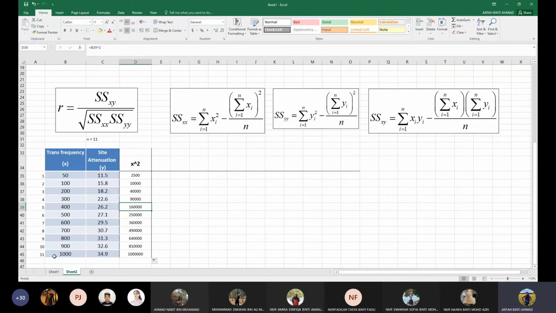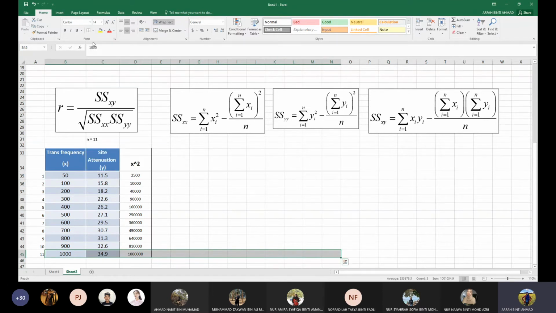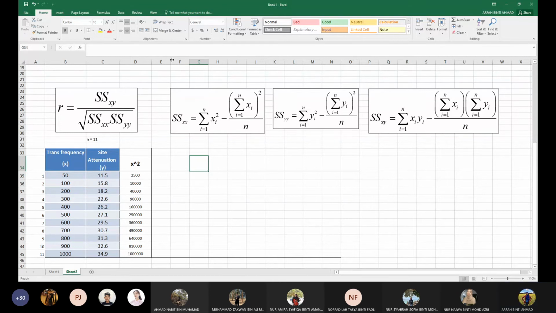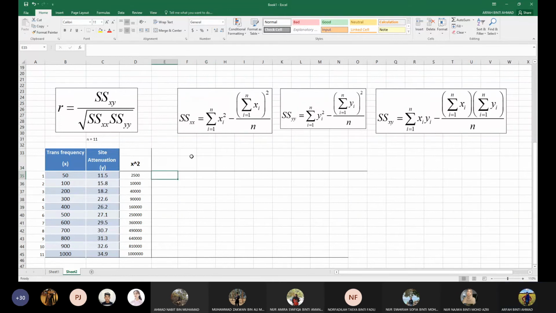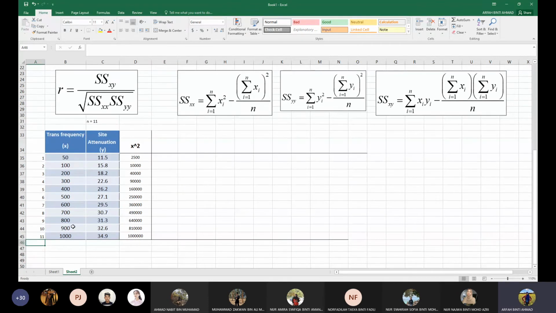So dapat. Ini adalah yang kita kira. Setiap X kita kuasakan 2. This is what you calculated. For each value of X, awak ambilkan dia dikuasakan dengan 2. Okay, dapat? So dekat bawah ni, saya nak letak satu row untuk sum.